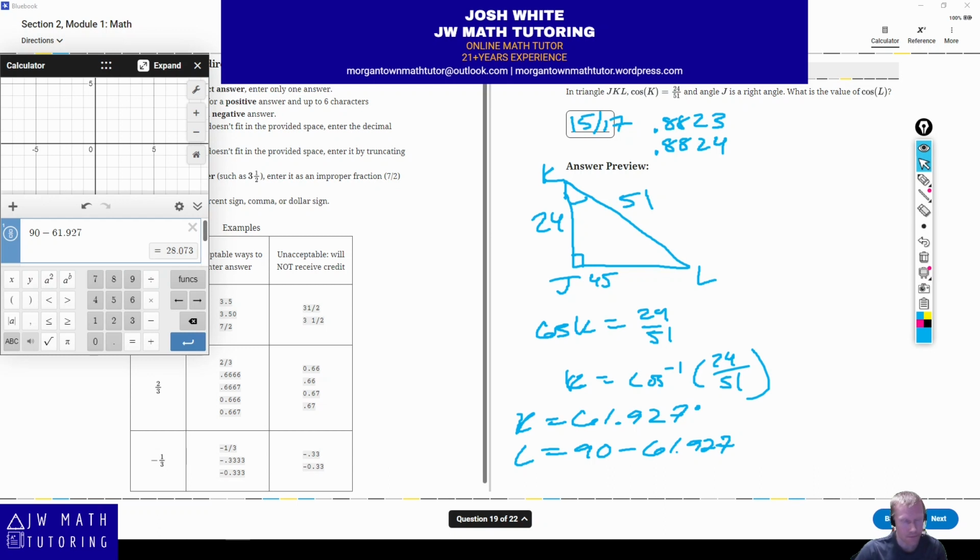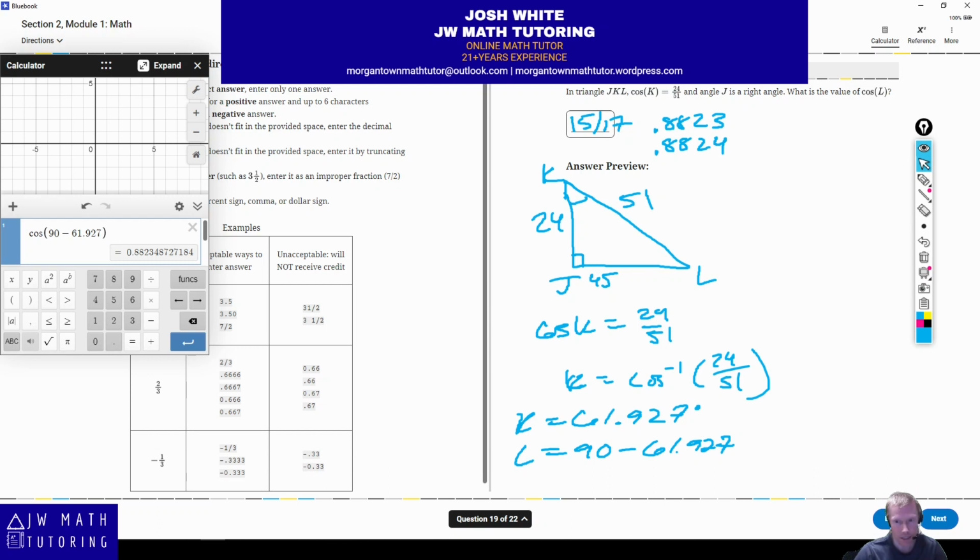So let's do the cosine of 28.073, I think. Notice I get 0.88234. So this one you could enter as 0.8823, and of course that would be correct.